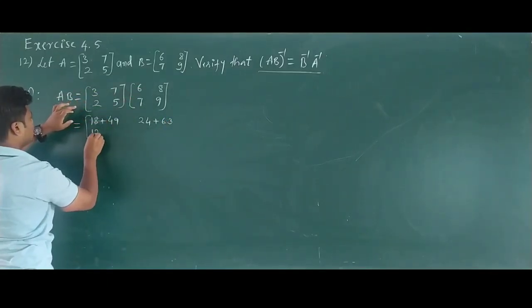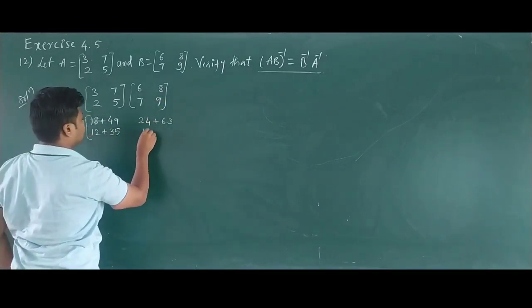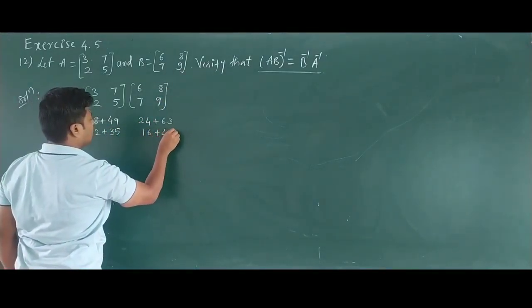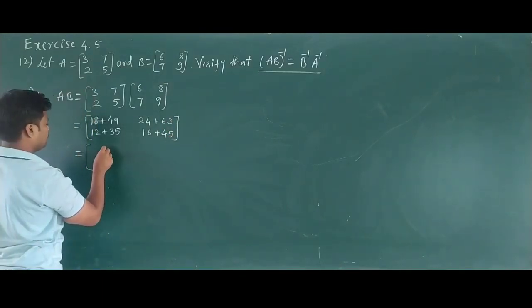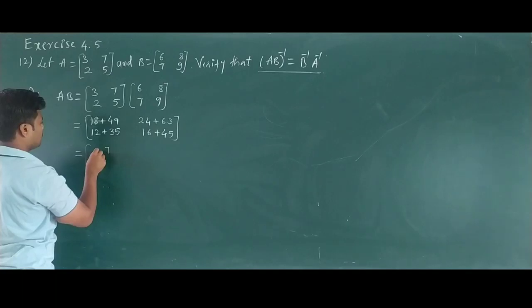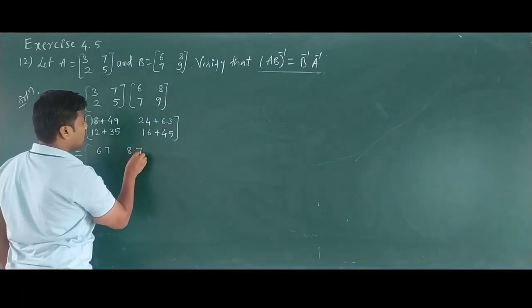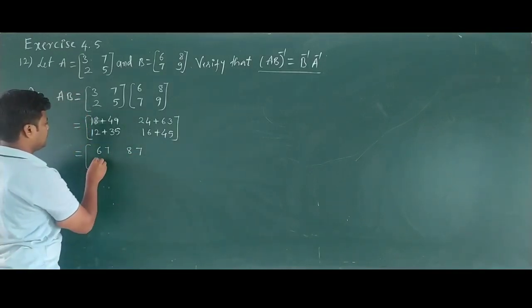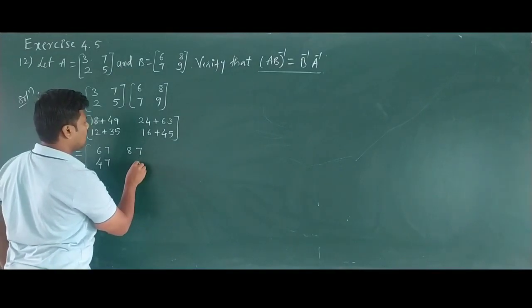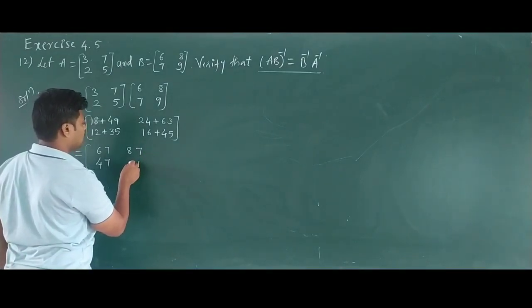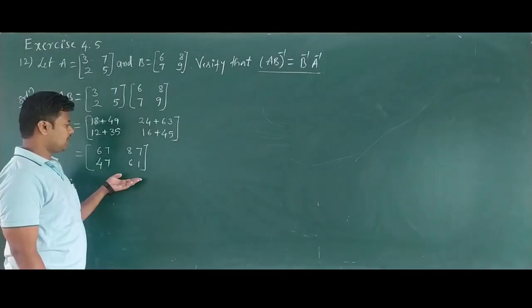This is 12, 35, 16 plus 45. This is 67, this is 87, this is 47, this is 61. So this is your AB matrix.